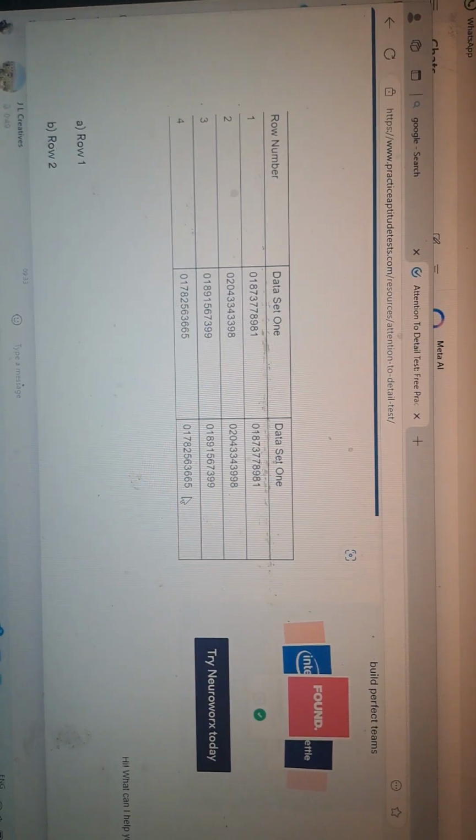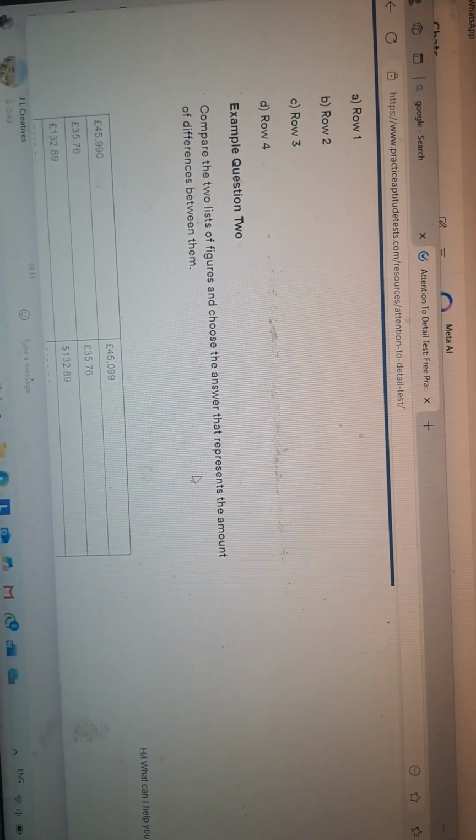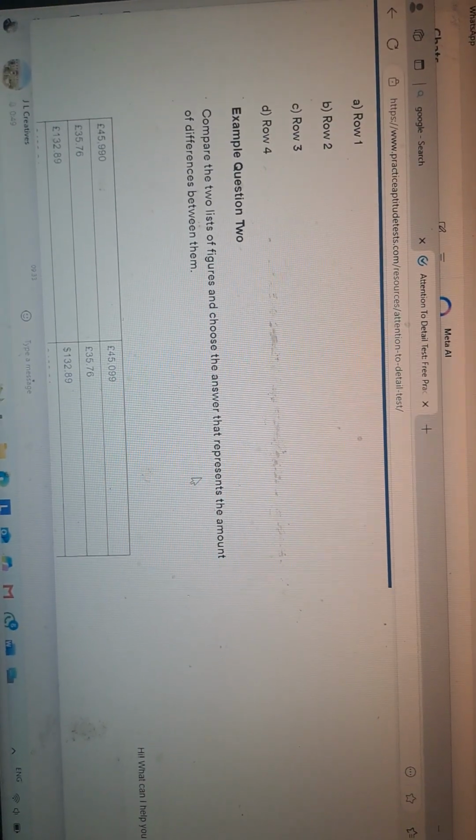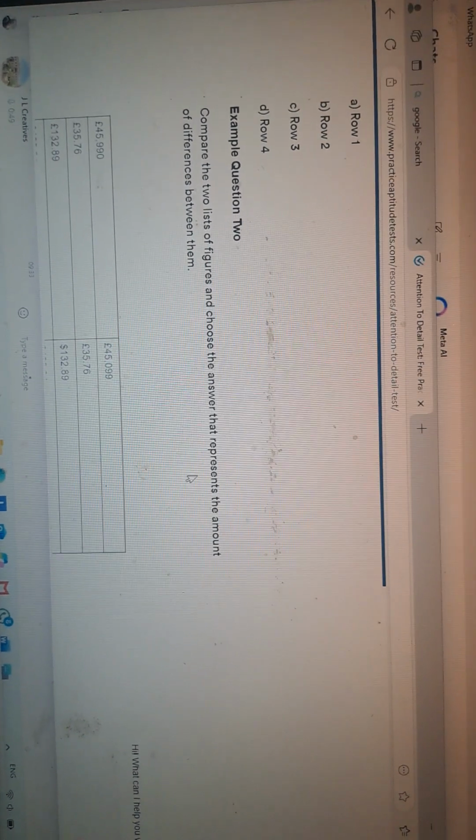Now, here's the other question. Compare the two lists of figures and choose the answer that represents the amount of difference between them. Also, the information is in tabular form, as you can see.